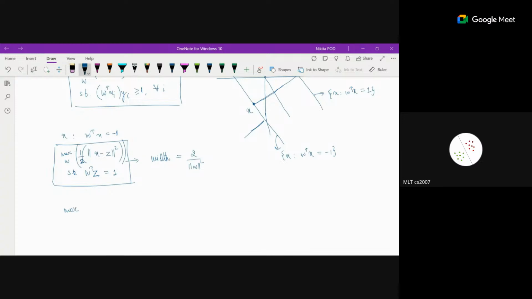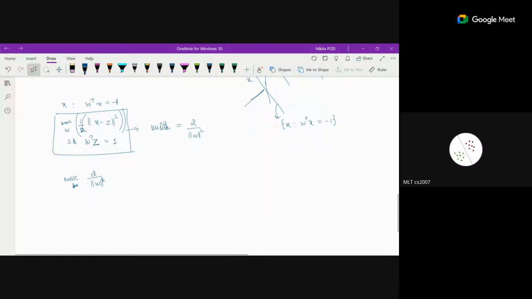So we got max over W of 2 upon norm W squared, such that W transpose xi yi is greater than or equal to 1 for every i. Now this maximization problem can equivalently be written as min over W of norm of W squared by 2, such that W transpose xi yi is greater than or equal to 1 for every i.